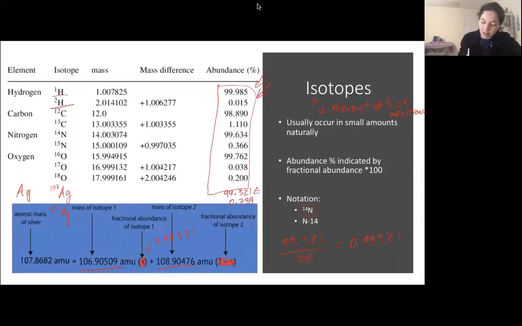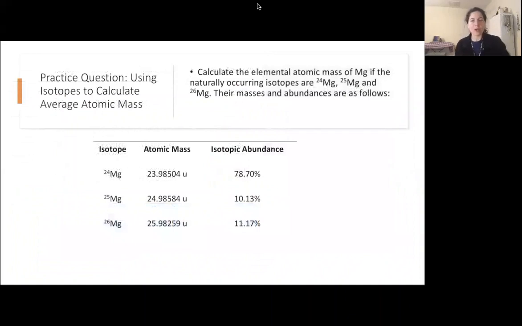And then this next number here, we're going to convert that into a fraction. 0.789 over 100 is going to give us 0.00789. And so we put that number into here, 0.00789. And when you add these up and multiply everything out, so this is an addition symbol here, you find your average atomic mass.